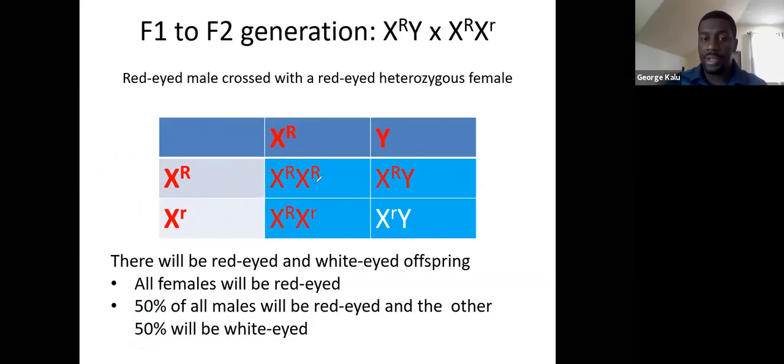All the females that we have are going to have red eyes, while 50% of our males are going to have red eyes, and the other 50% will have white eyes. Now, one interesting thing that I wanted to bring to your attention, actually, let me backtrack. Are there any questions on this question first? Any questions here?